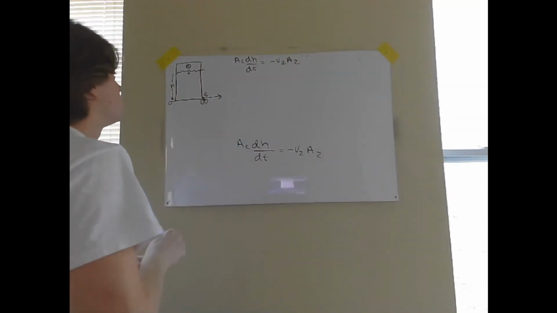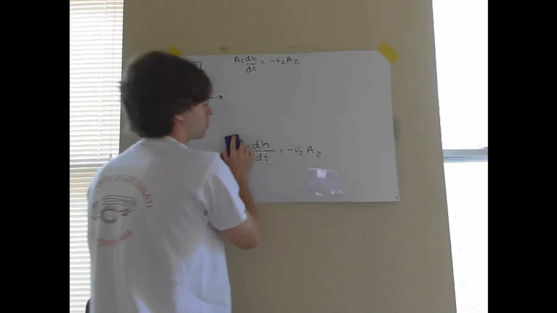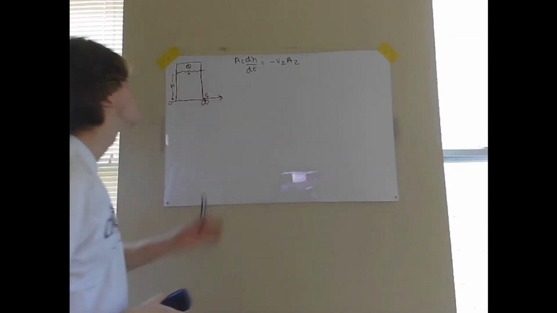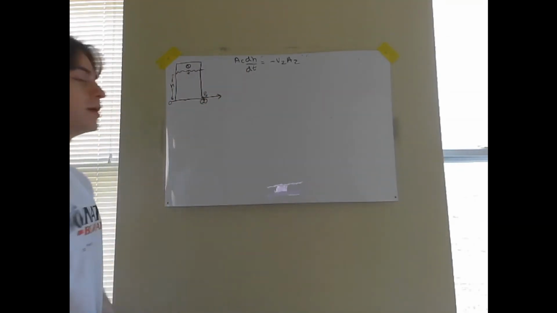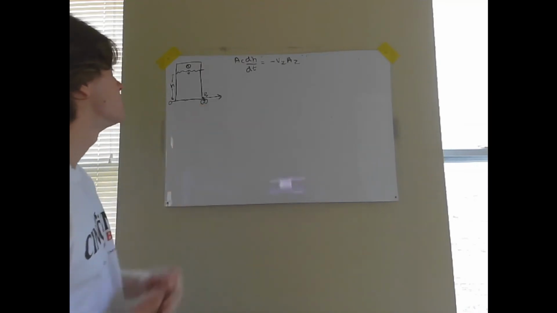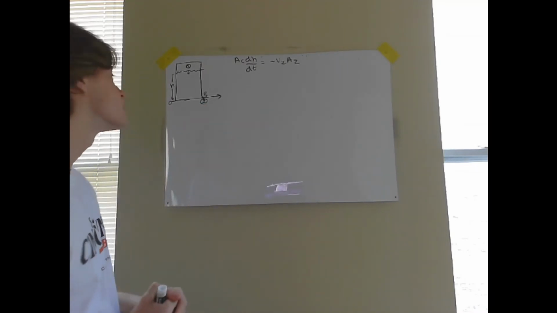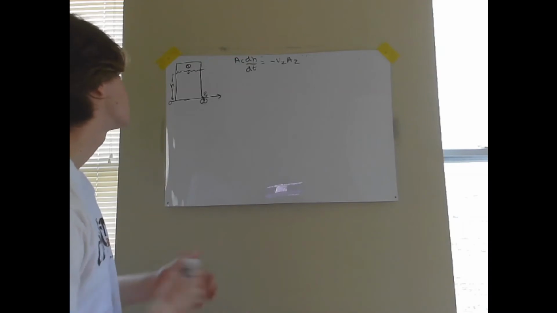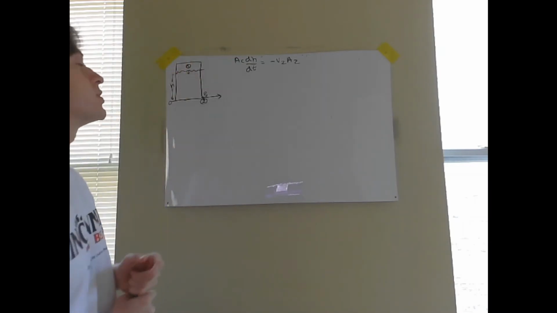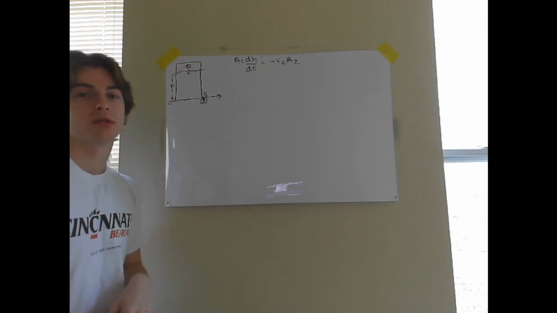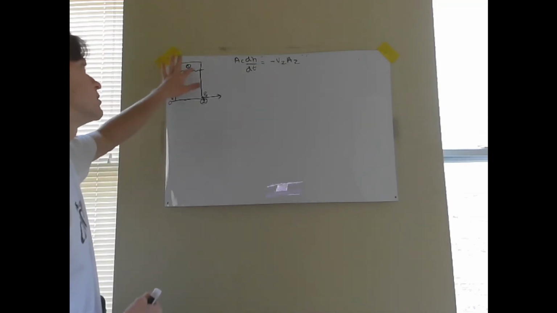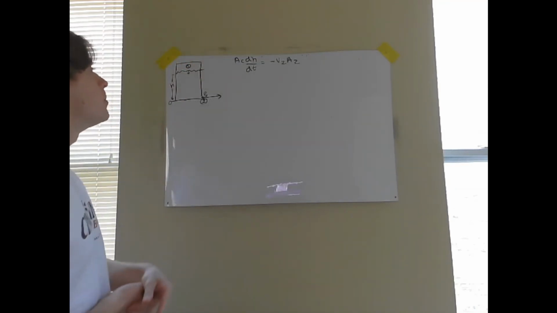All right, so again, we're going to define the same two points for this problem. Point 2 is going to be the hole where it's leaving into the atmosphere, and point 1 is going to be the air at the top of the tank, the very top of the fluid.